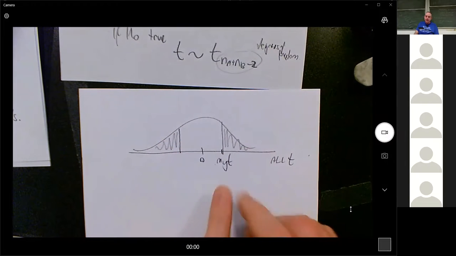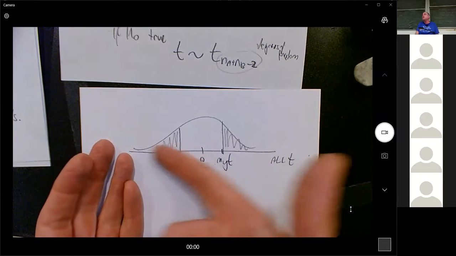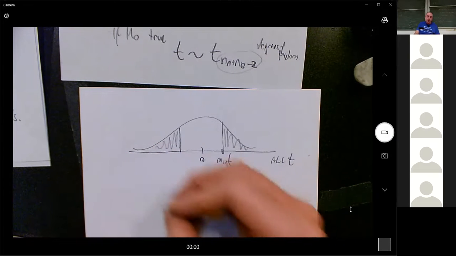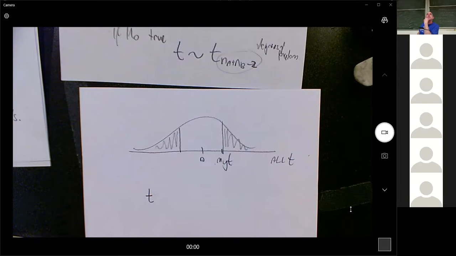MATLAB only gives you the left-hand side of one of these graphs, and so you'll go, is it called CDF in MATLAB? Do you know?